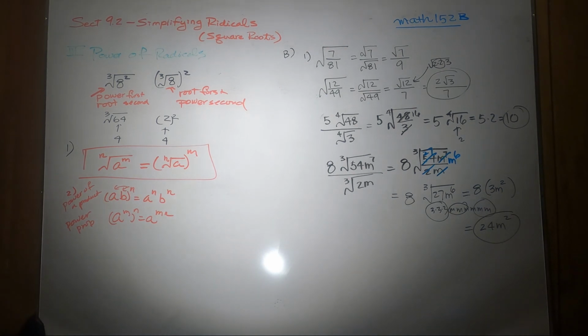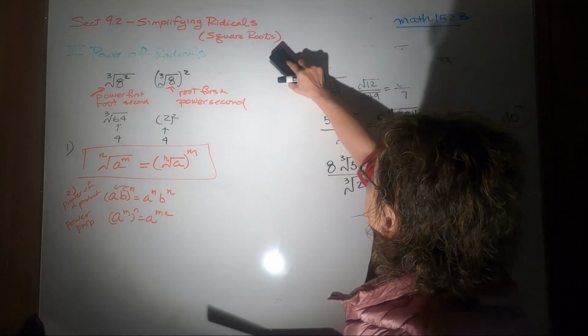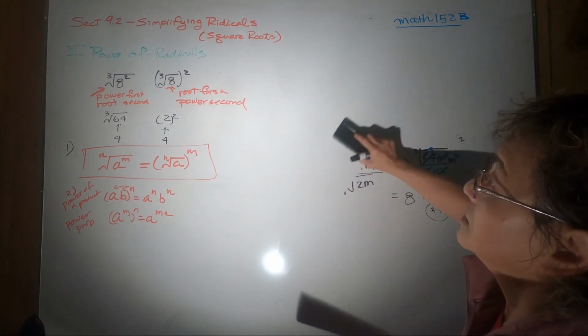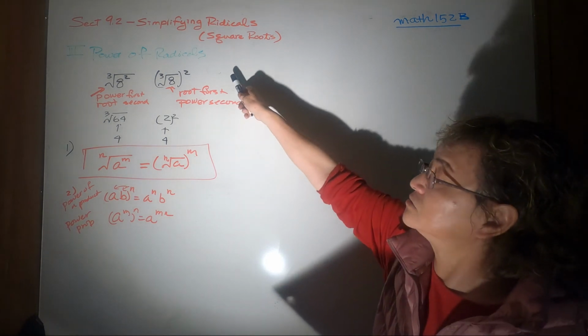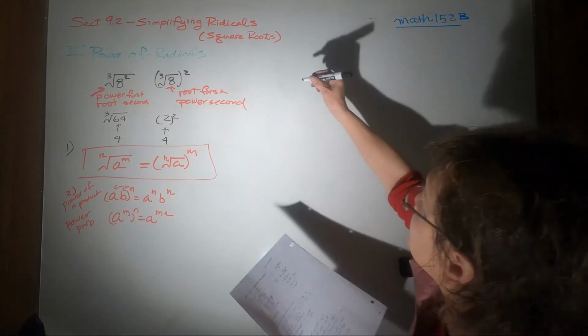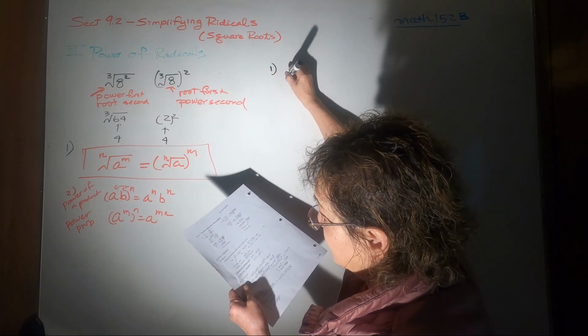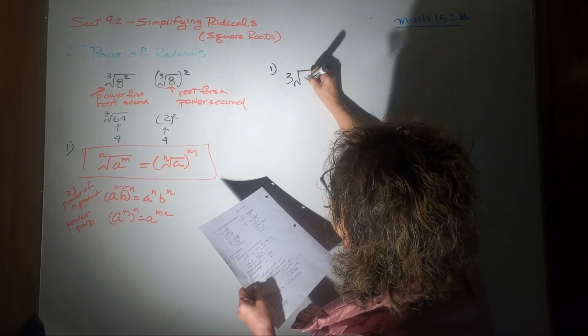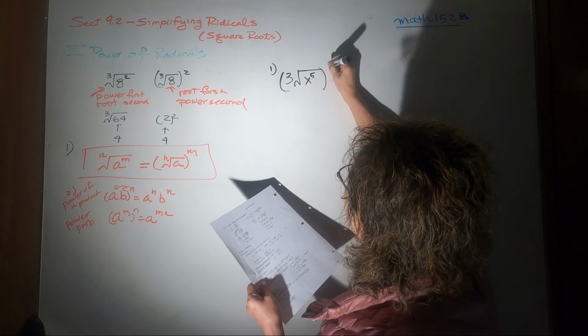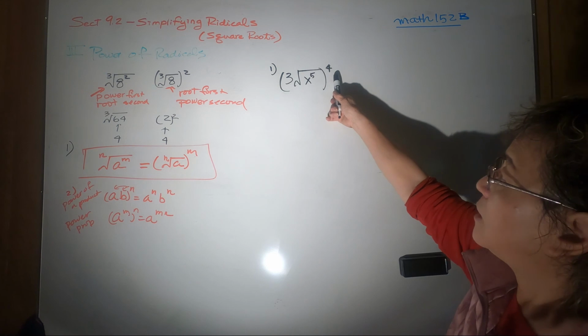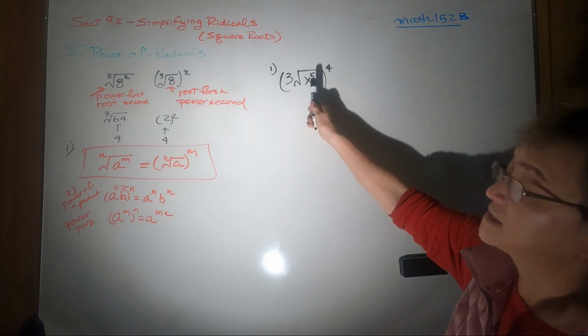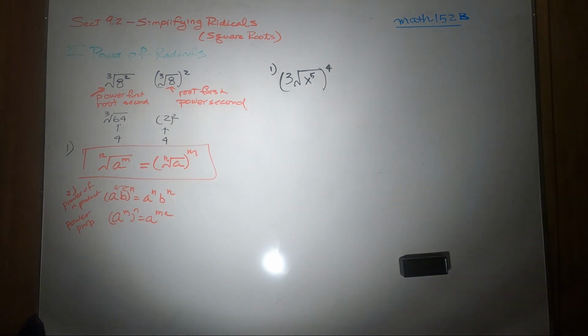Okay, so we are going to take powers of radicals, and then we need to simplify them. For the fourth power, I have two things inside as a base.